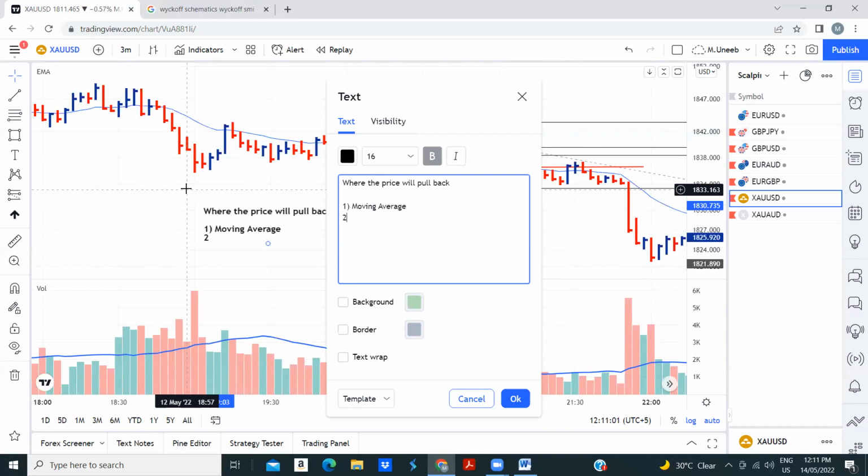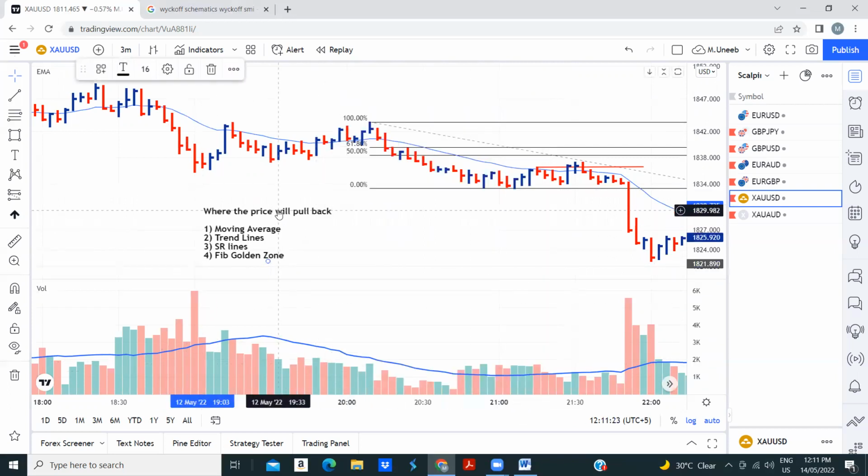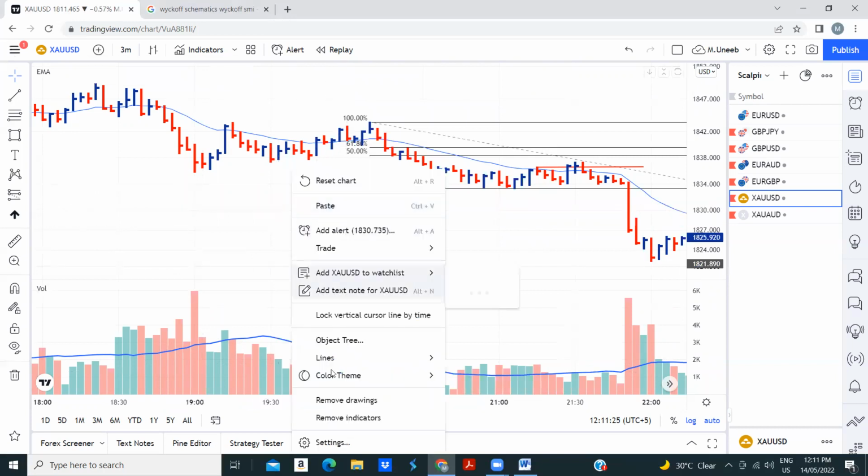Number two, trend lines. Number three, support resistance line. These are the reference points. Number four, Fibonacci golden zone. Got it? These are the points where the price will pull back.